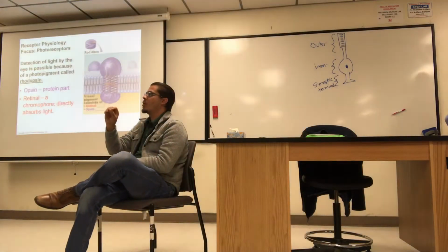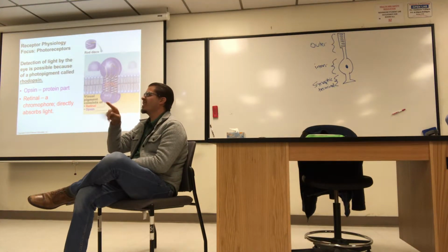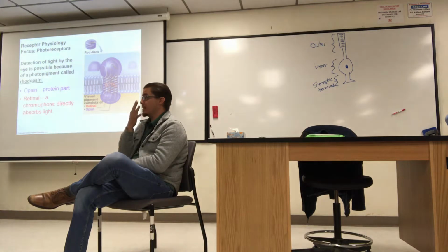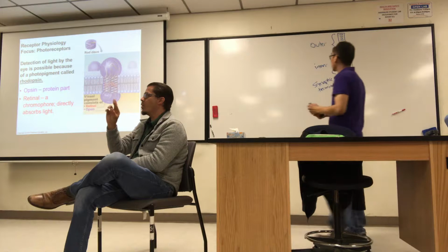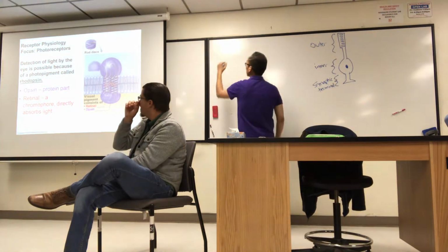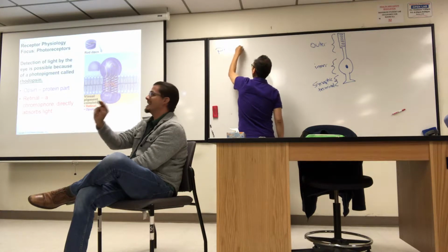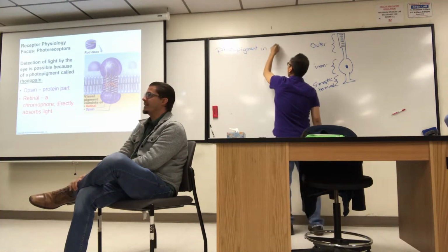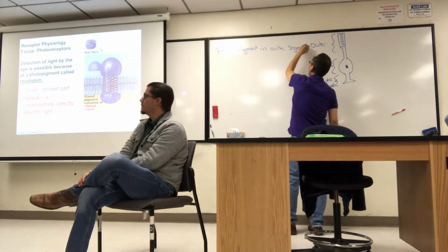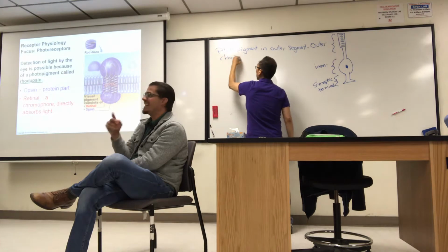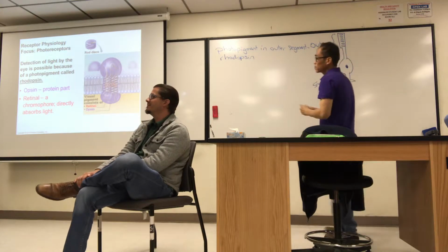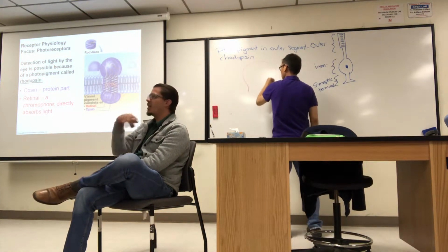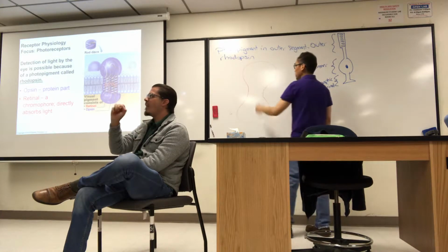Phototransduction is the study of, well, you have to study the visual pigment, which is, let me read from my slide: detection of light by the eye is possible because of a photopigment called rhodopsin, which is opsin and retinal, vitamin A. So that big dumbbell-shaped thing, that's the protein part, and that's opsin.